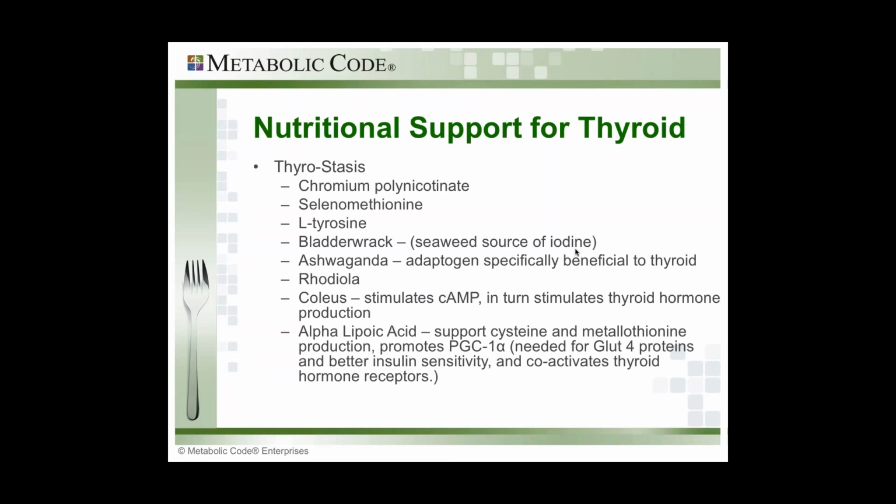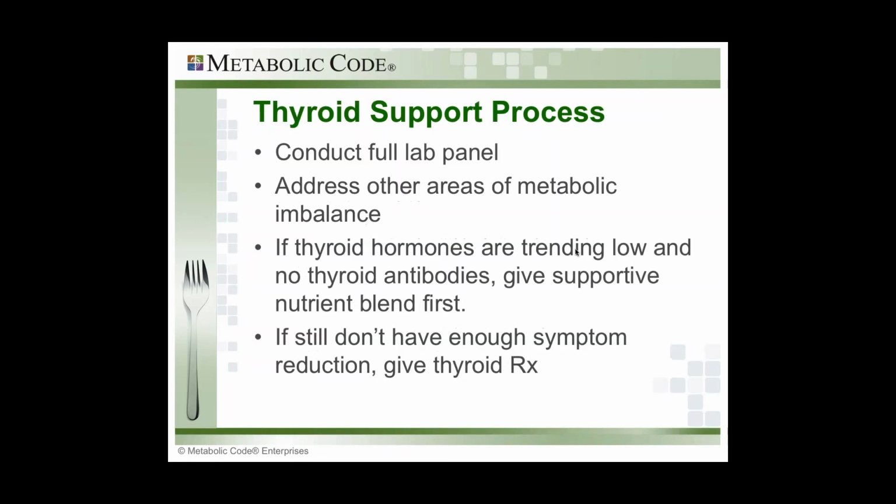So alpha lipoic acid is in there because it's a source for cysteine. It also supports metallothionein production, and I'll explain why that's important in just a minute. But PGC1 alpha is a co-activator of thyroid hormone receptors, so alpha lipoic helps get that machinery going.